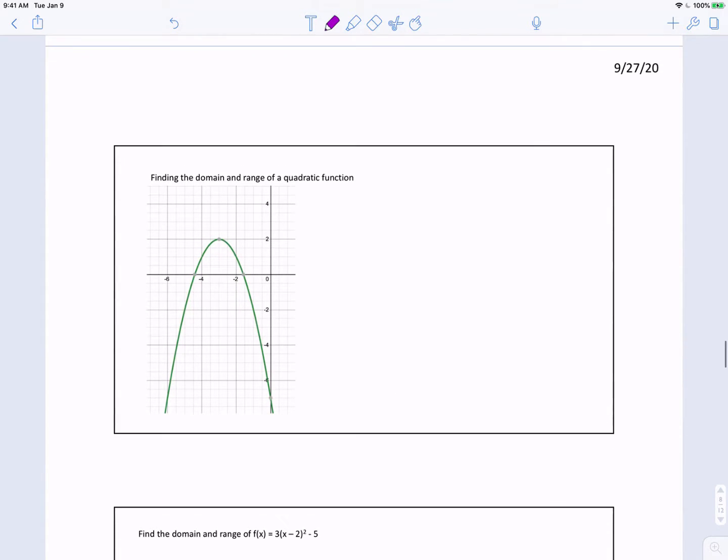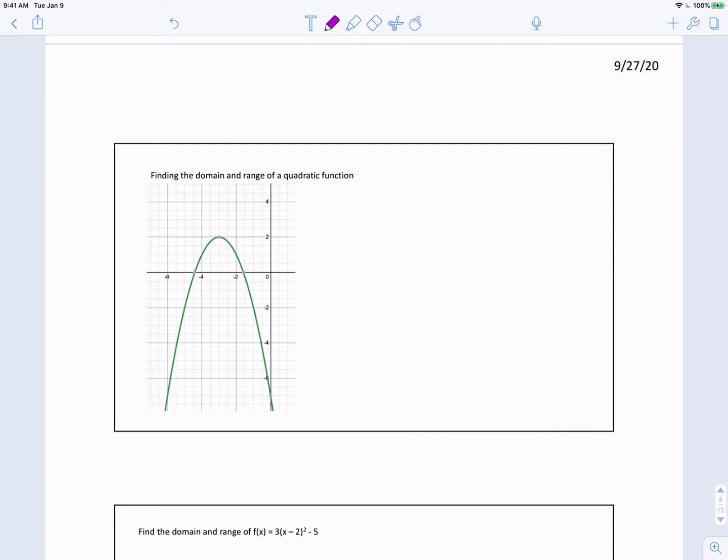Let's try another example. Find the domain and range of this quadratic function. So the domain is always the set of all real numbers, and for the range, we're going to start by thinking about the vertex. So this vertex has coordinates (-3, 2).